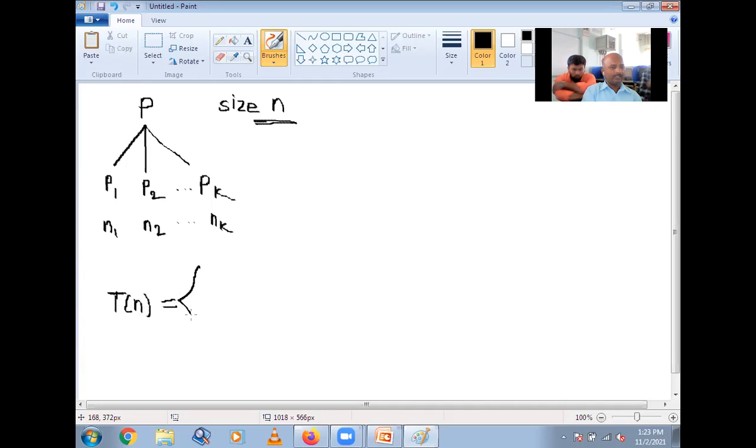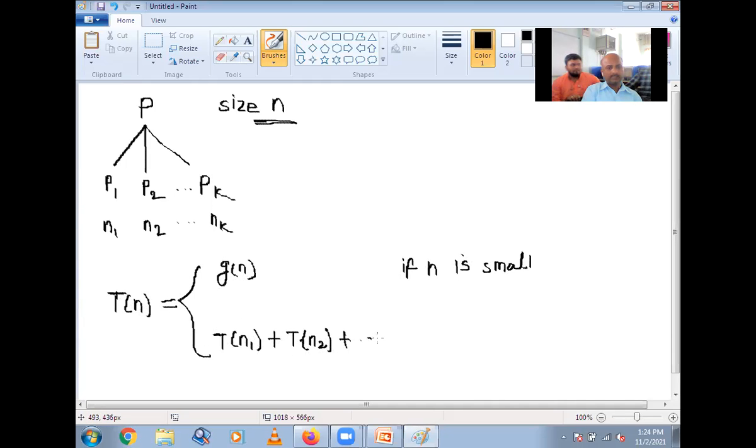So T of N is equal to G of N if N is small, otherwise T of N1 plus T of N2 plus T of N3 plus T of Nk plus f of N. This is for otherwise.